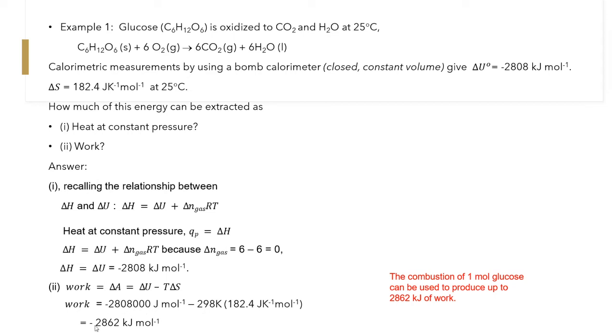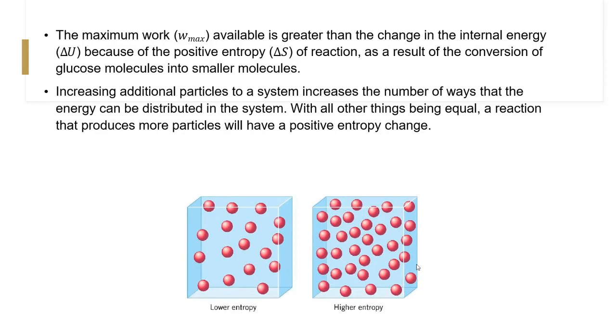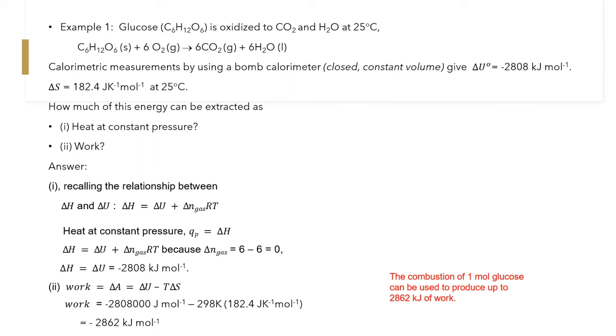Okay, so that gives you minus 2862 kilojoules per mole. Hence, what this means is that the combustion of 1 mole of glucose can be used to produce up to 2862 kilojoules of work. So as you can see here, the value of delta U is this, the value of the work is 2862.